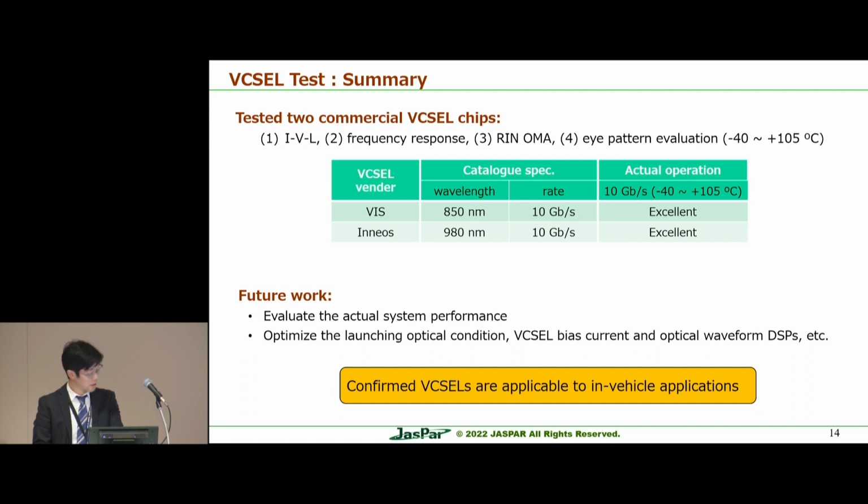We think it is necessary to evaluate the actual system performance and optimize the ranging optical condition, pixel bias current, and optical waveform DSPs, etc. If this can be achieved, the VCSELs confirmed in this test may be applicable to automotive applications.